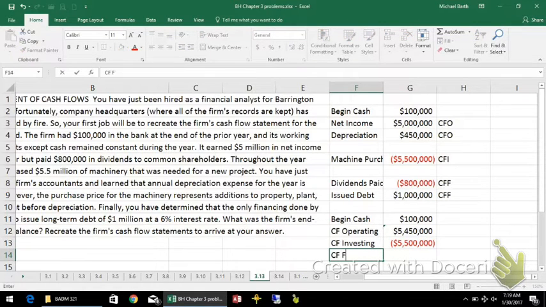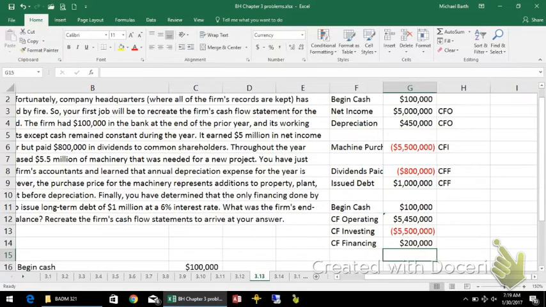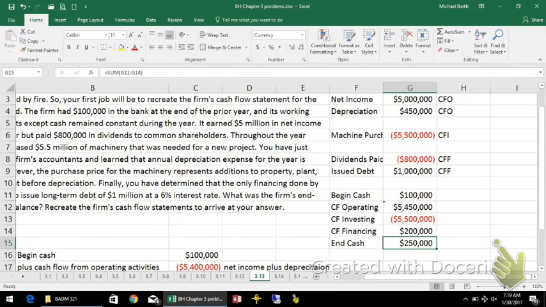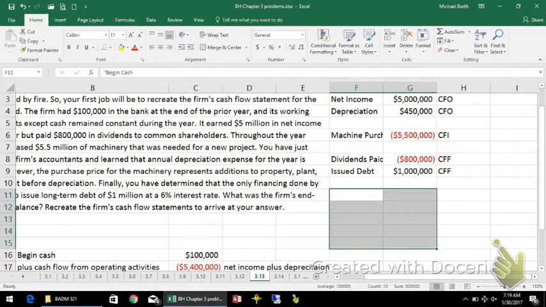Cash flow from financing is a net positive $200,000. So my ending cash would have been $250,000.